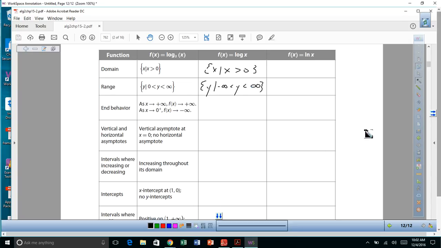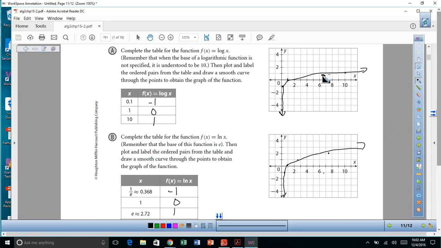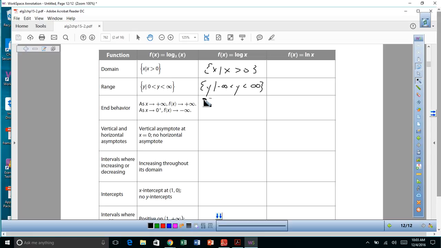Okay, end behavior. As x increases, f of x increases, both to positive infinity. So as x approaches positive infinity, f of x approaches positive infinity.